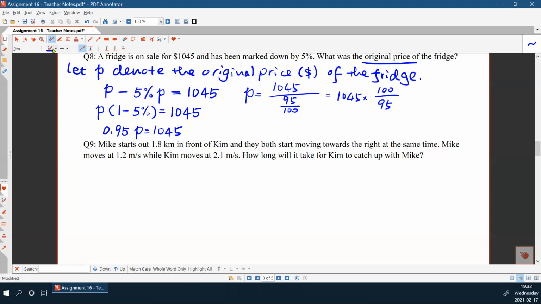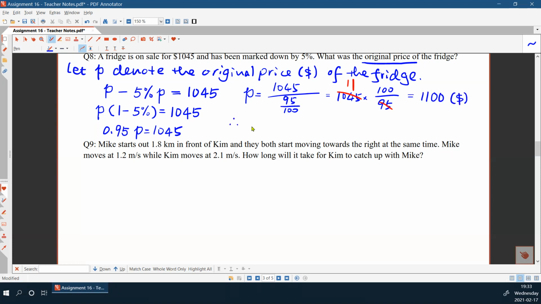So you can simplify these two numbers, which is 1 here, and then you will get 95, so 11 here, right? And this result is 1100, and the unit here is dollars.